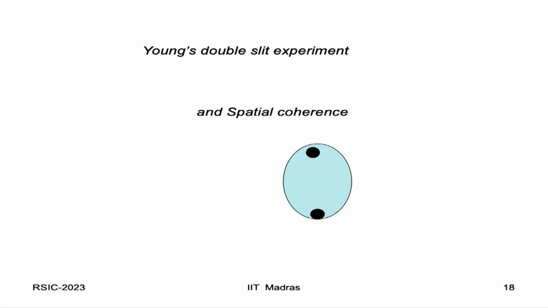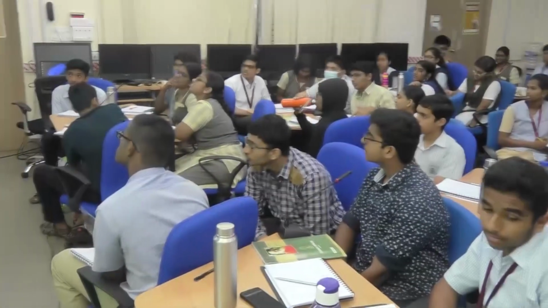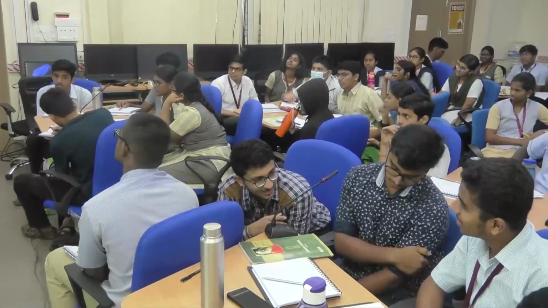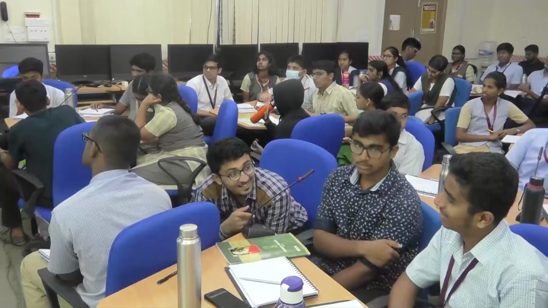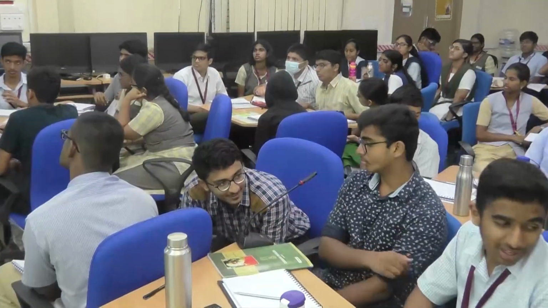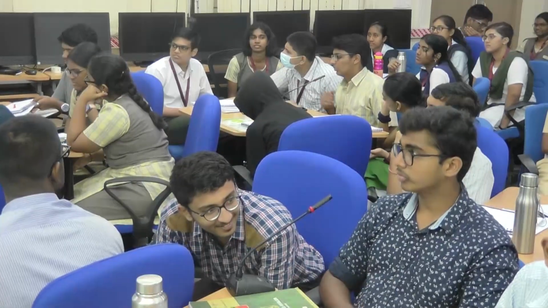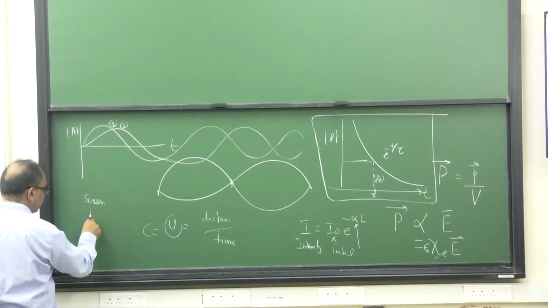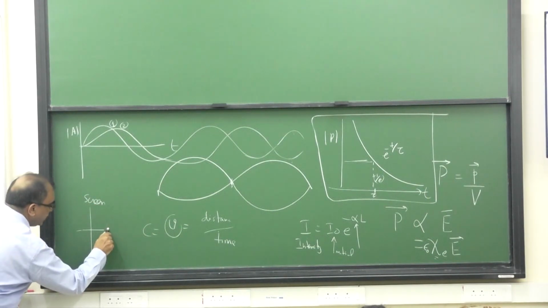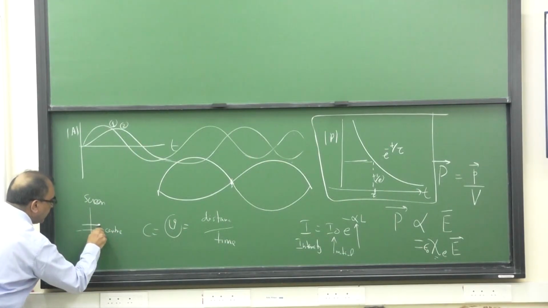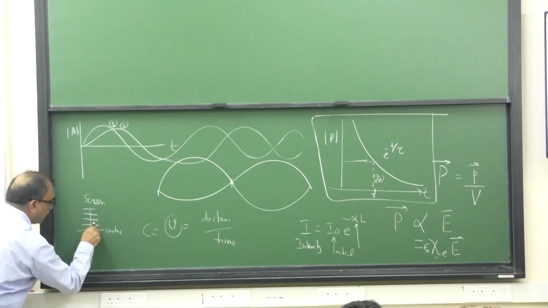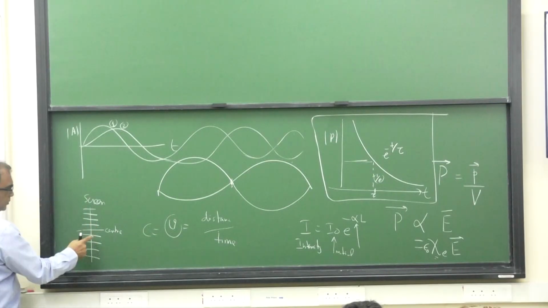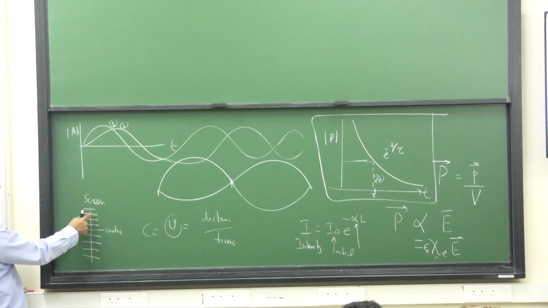Sir, could you just clarify whether coherence is supposed to be constructive or destructive interference? No, from the constructive or destructive fringes, you start knowing about the coherence. That's the reason for knowing whether it is coherent or not. If I take the screen where my Young's double slit experiment is, I have a bright center fringe, and in between there is dark. So bright fringe, dark fringe, bright fringe, dark fringe, like this.